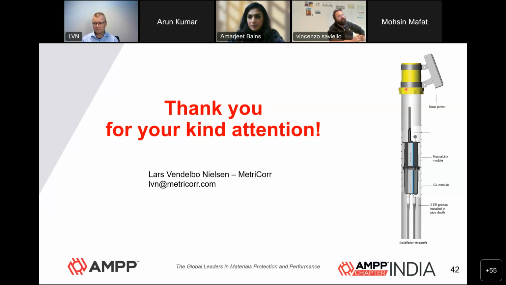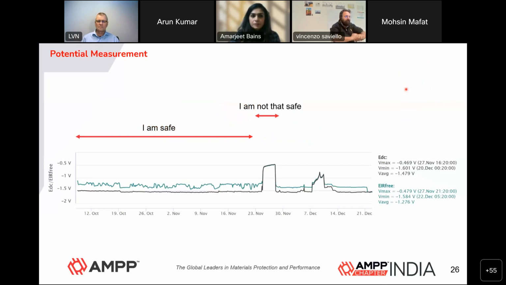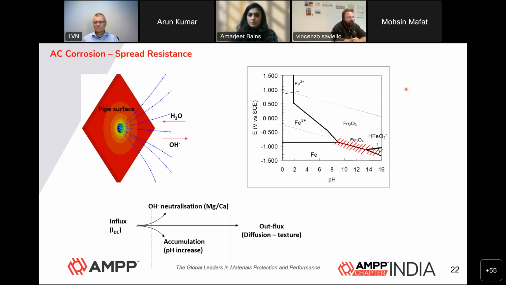For example, sandy soil, if there is a great difference from a soil full of clay. So in a case in which we have too much water, and in a case in which we have too much oxygen, like sandy soil. And also the spread resistance, if the spread resistance is related more, as I understand, to the coating resistance, not only to the soil resistivity, sorry.